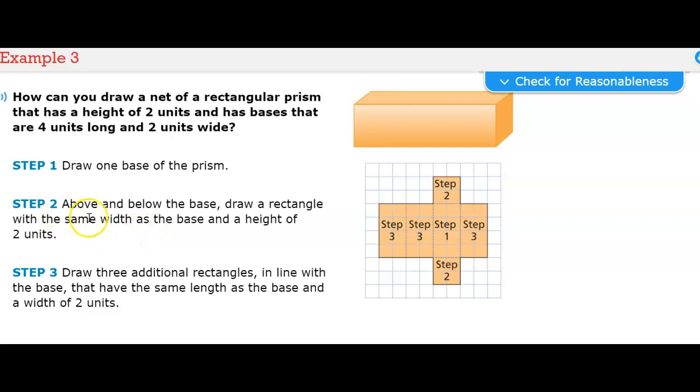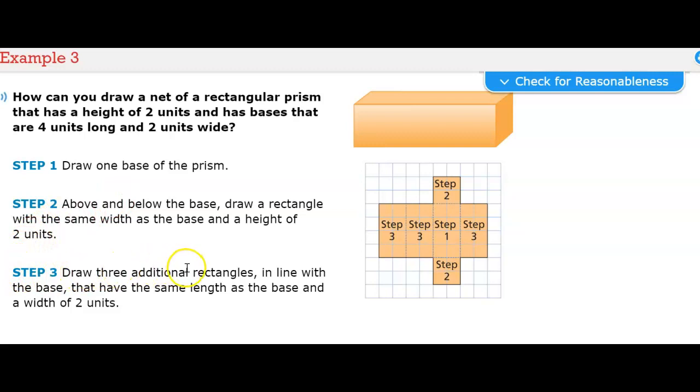And then step 2, above and below the base, draw a rectangle with the same width as the base and height of 2 units. So here is the above and below. So here is the side of the prism, and that's the left side of the prism that they drew for step 2. And it said 2 units wide, so we have 2 units there.